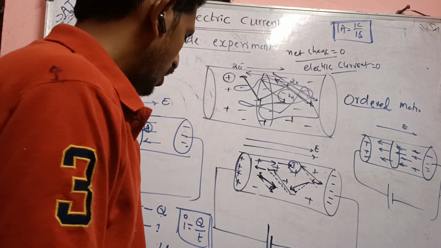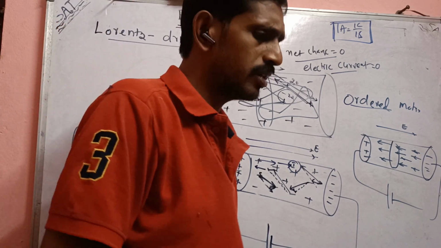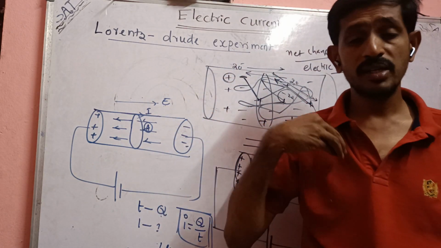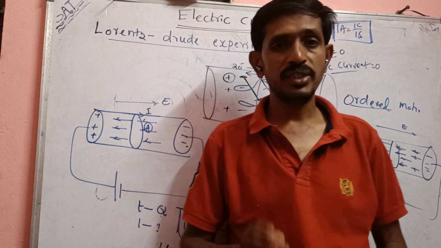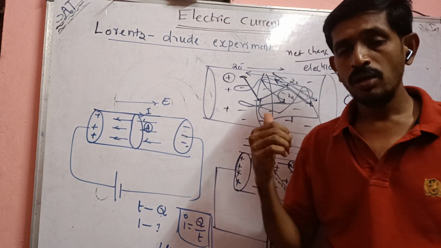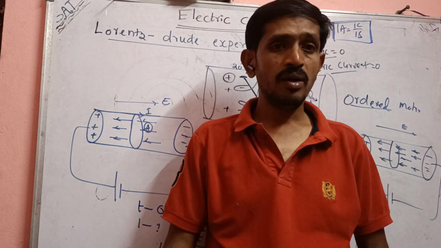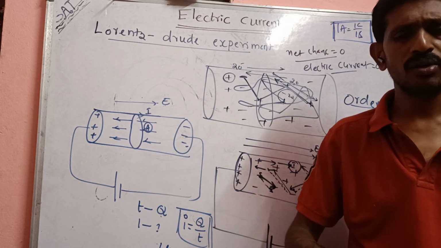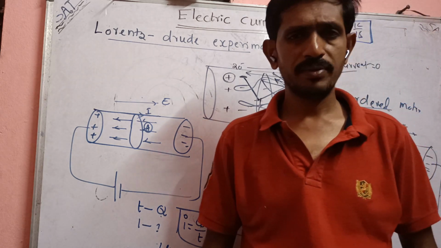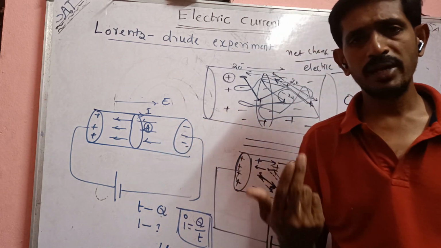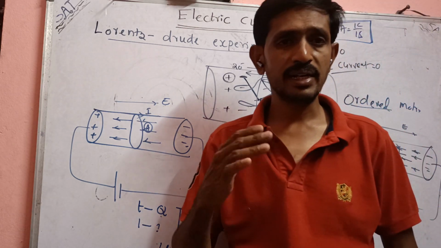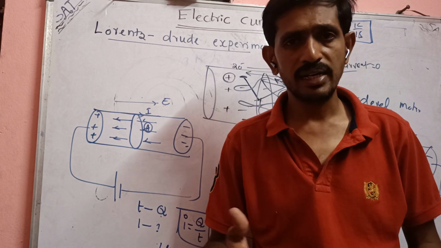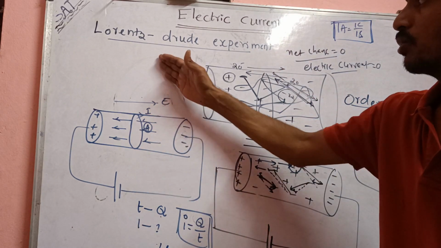Up to now we have discussed what charge is, the types of charges, positive and negative, and that materials should contain free electrons, so every metal is not responsible for the flow of current. We have discussed two types of materials, conductors and insulators, and the behavior of electrons in a conductor through the Lorentz-Drude experiment.